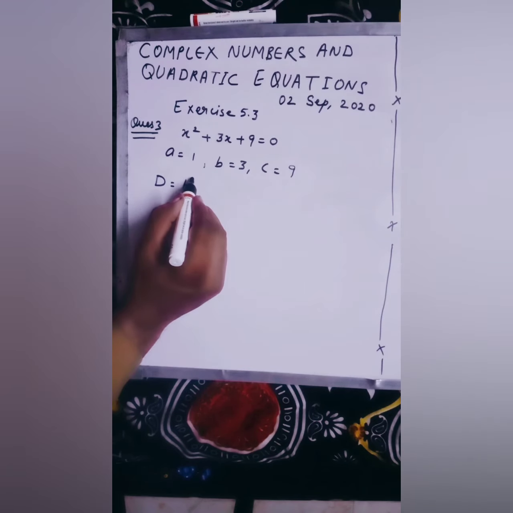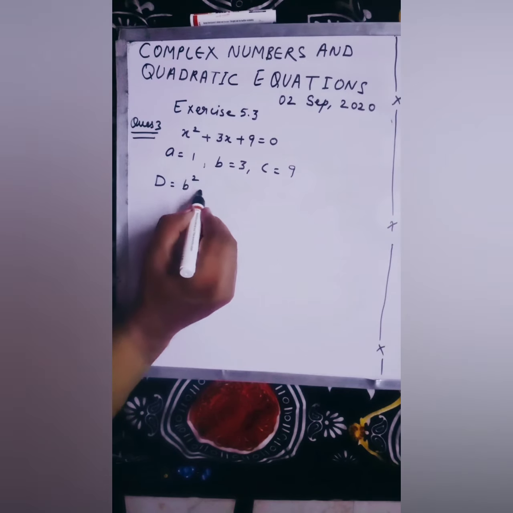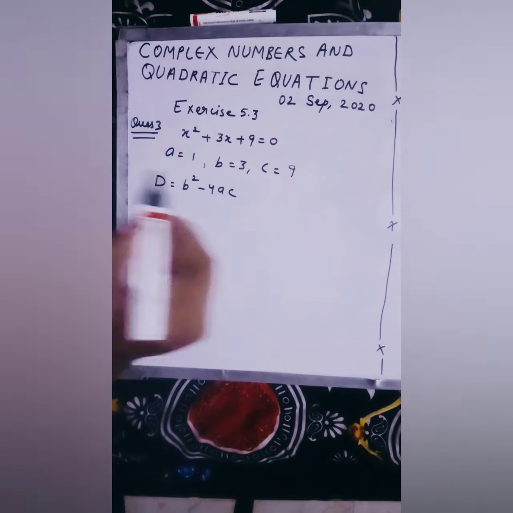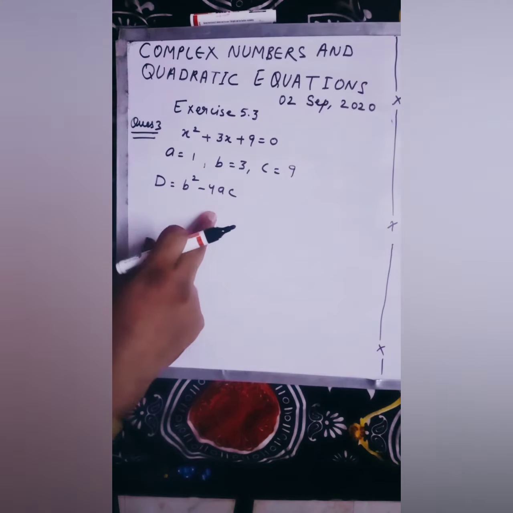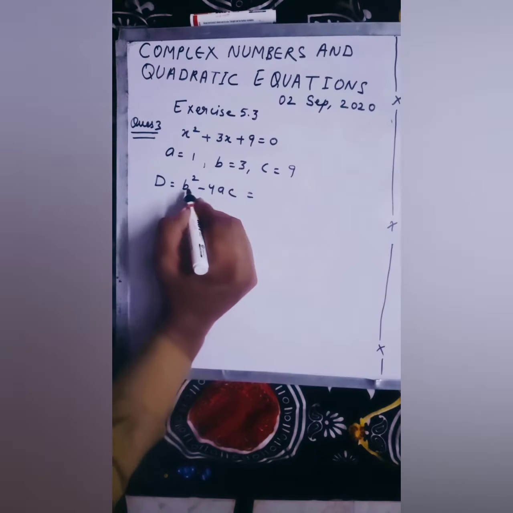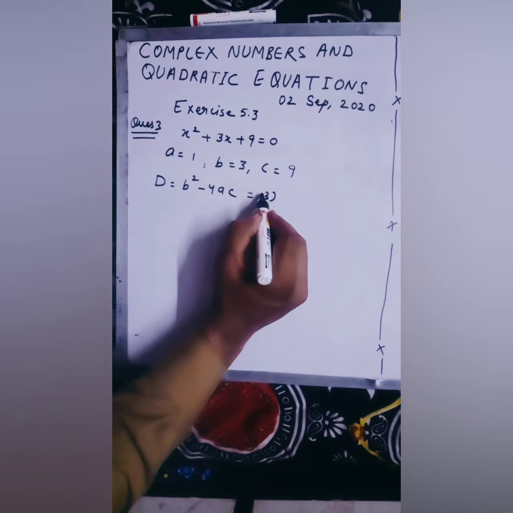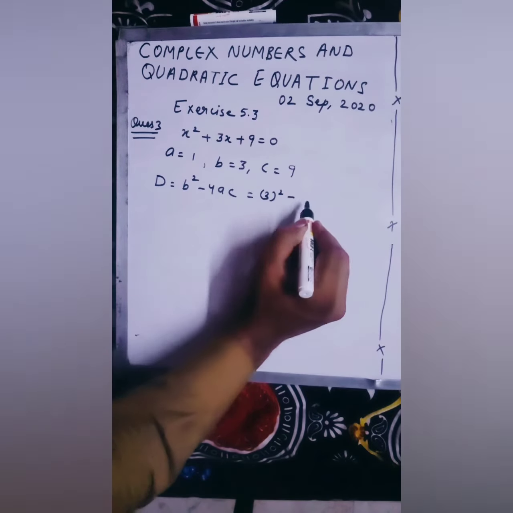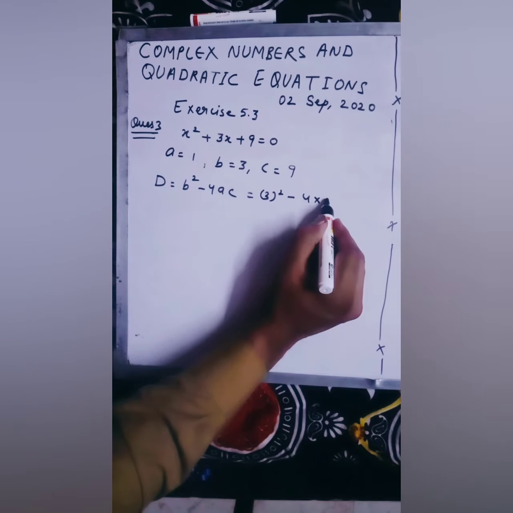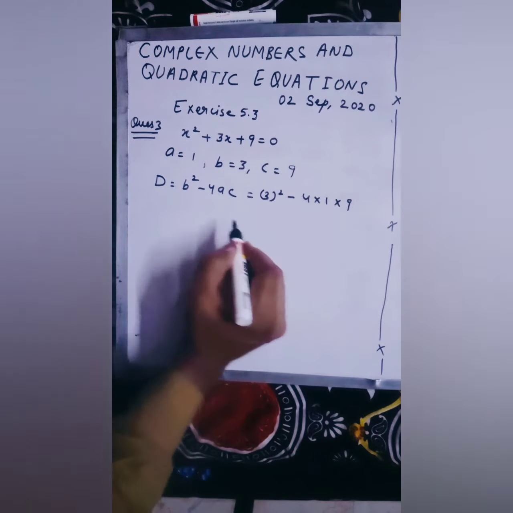The discriminant is equal to b square minus 4ac. This is the formula to find d. So your b is 3, so 3 square minus 4 into a, which is 1, and c, which is 9.